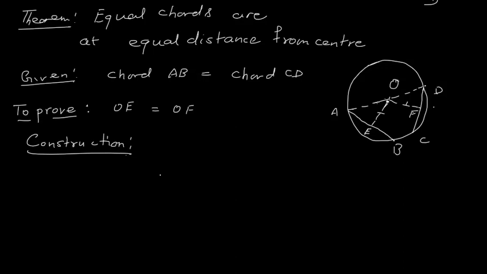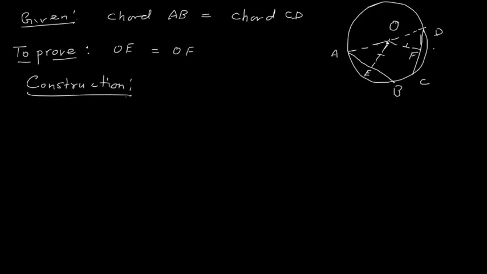So in construction, first of all, we have drawn OE perpendicular to AB, but as we have to prove this, we will not write this in construction, we will say that it is already given.